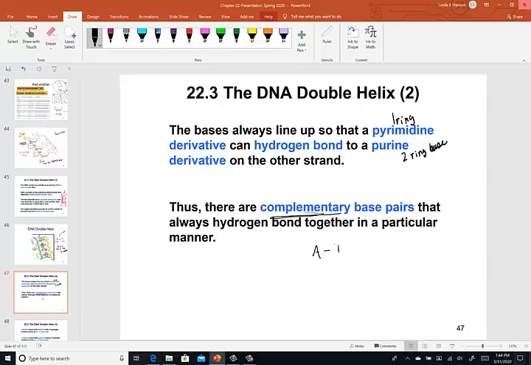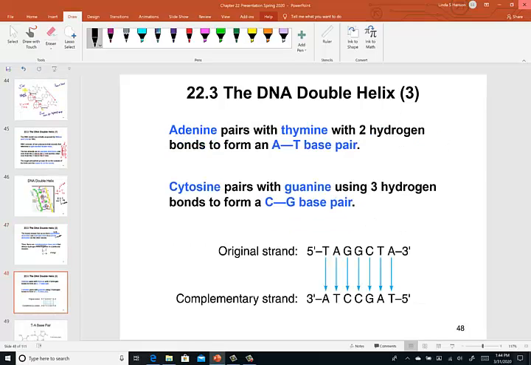When A binds to T, C goes to G, always, because we have a 2-ringed base combining with a 1-ring base in each one of those complementary base pairs. Adenine pairs with thymine, and we notice that it did so with 2 hydrogen bonds.